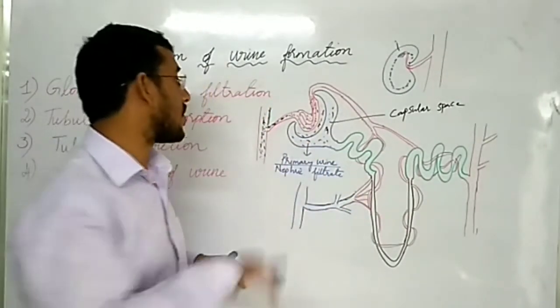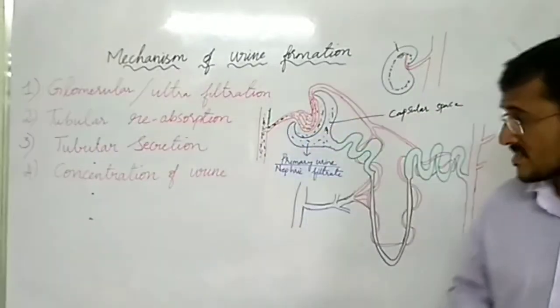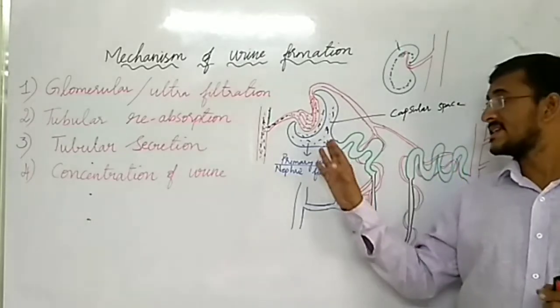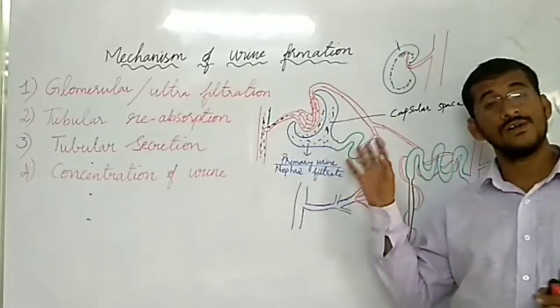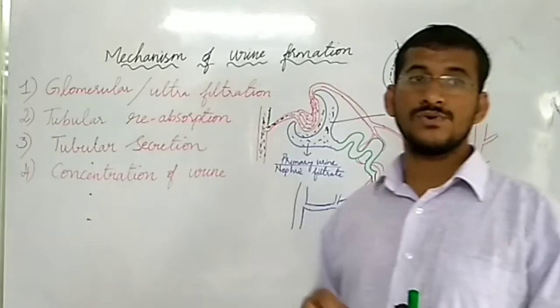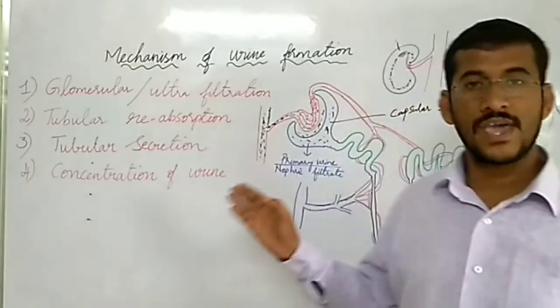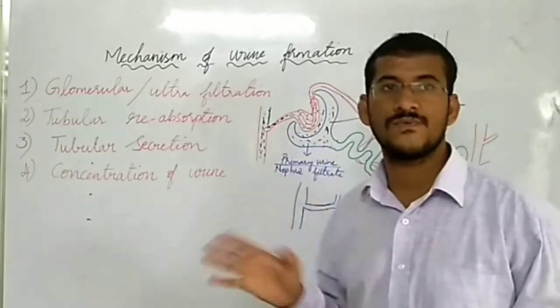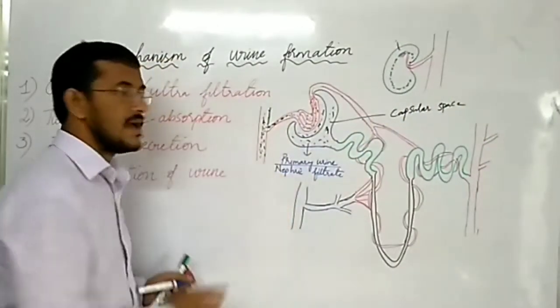Why do we not call this urine? Because this still contains many ions. Though it contains waste material, it also contains glucose, amino acids. Some useful materials and nutrients are also present. That's why we won't call this urine.